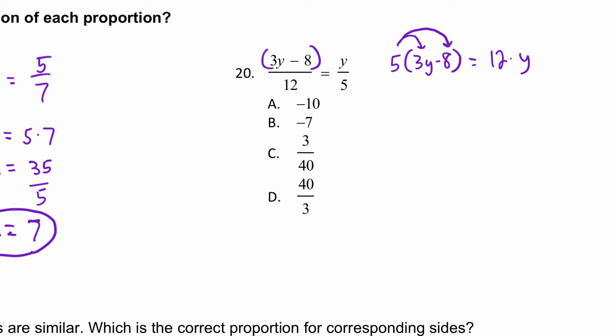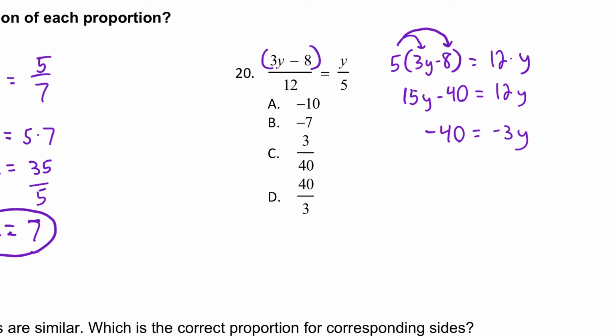So 5 times 3y is 15y. And 5 times 8 is 40. So we have 15y minus 40 equals 12y. If I subtract 15y from both sides, we'll end up being negative, and that's fine. But negative 40 will equal negative 3y.